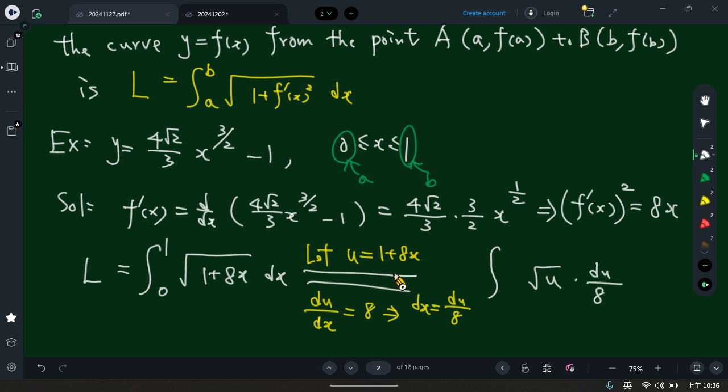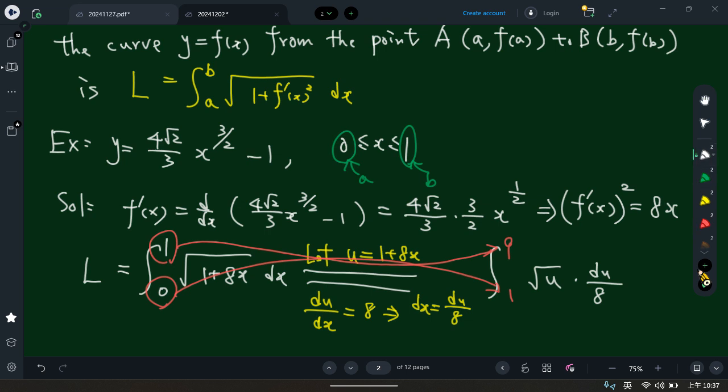Remember the limits: x equals 1 becomes how much? 9, yes, correct. And 0 becomes 1. So you can just use this definite integral to get the final answer.